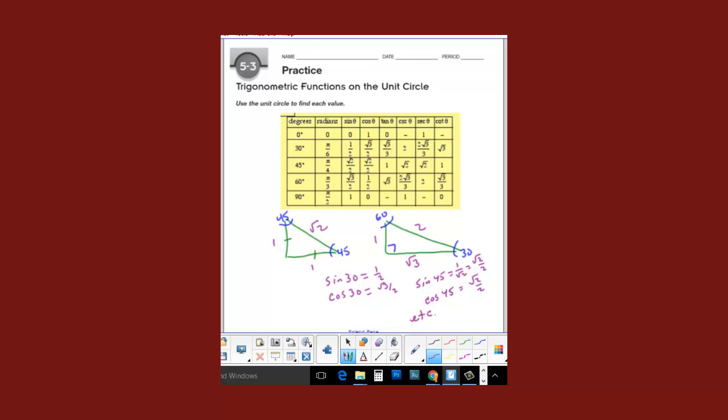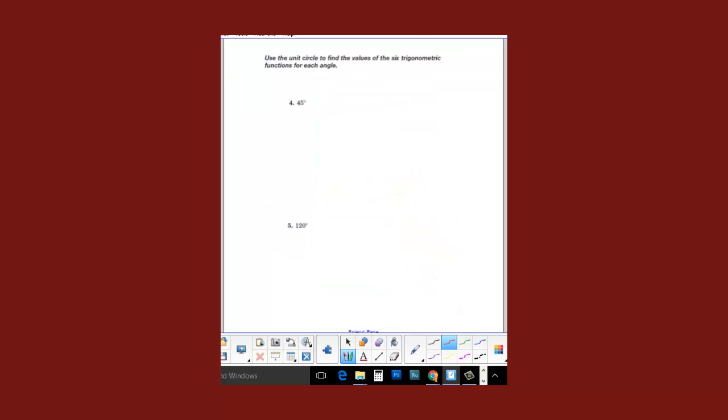Tangent would be 1, etc. So we had practiced a while ago on generating these charts and these values. These are going to be really useful to sketch as we deal with the special angles. Remember that 45 degrees is the same as pi over 4, 60 degrees is the same as pi over 3, and 30 degrees is the same as pi over 6 in radians.